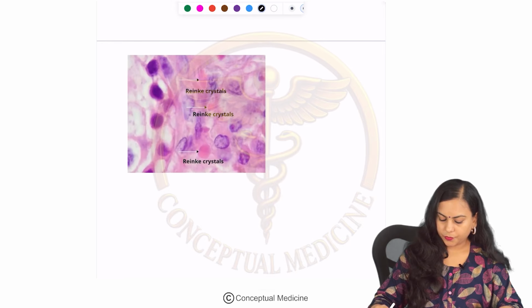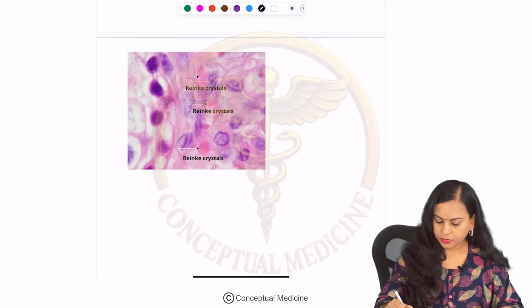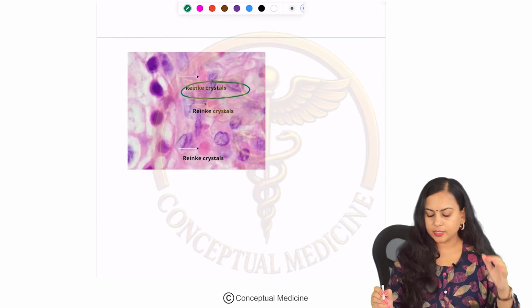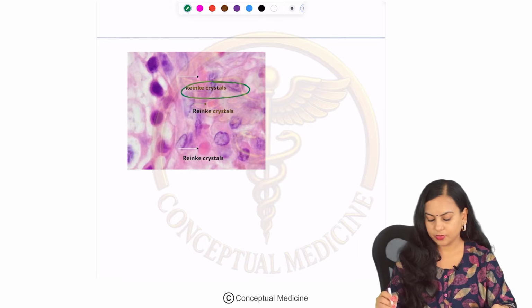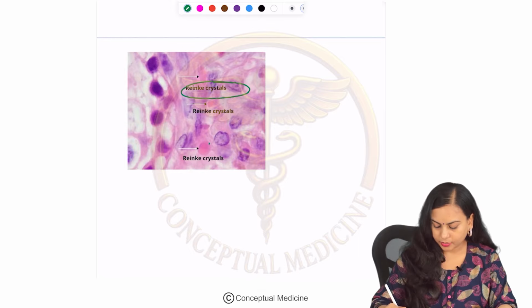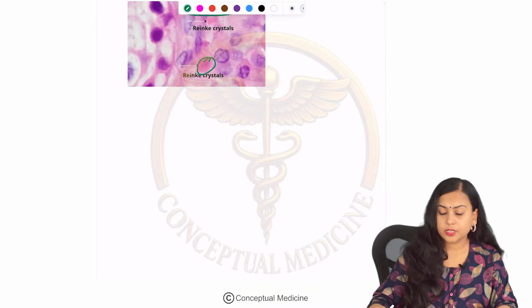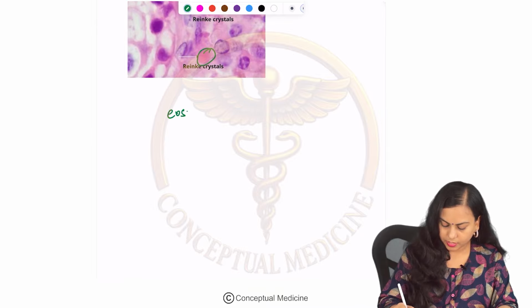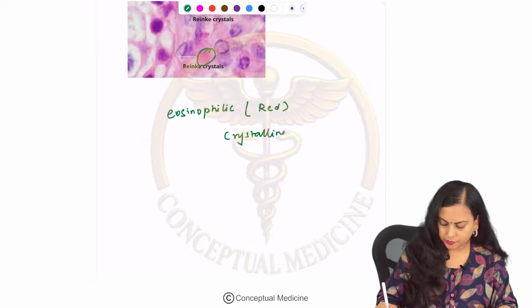Right. Now, this one. You are able to see in this picture, the slide is mentioning Reinke crystals. Reinke crystals are nothing but these pink color areas. So these are eosinophilic, that is somewhat red color crystalline inclusions.